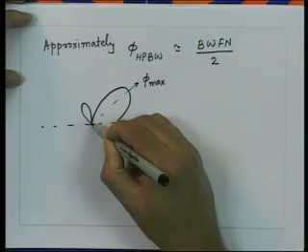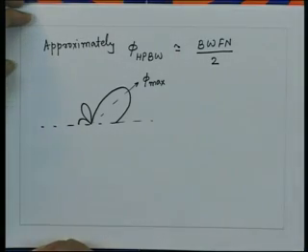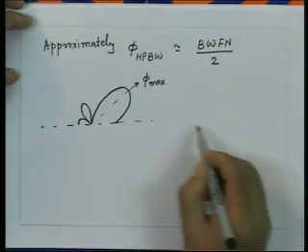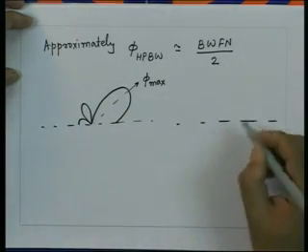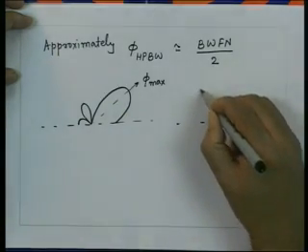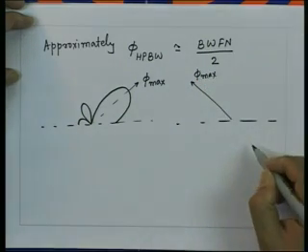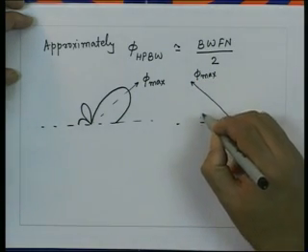Now the radiation pattern might look like that. Another possibility, if the direction of maximum radiation is somewhere there, let us say this is the direction of maximum radiation, I may have a radiation pattern which will look like that.